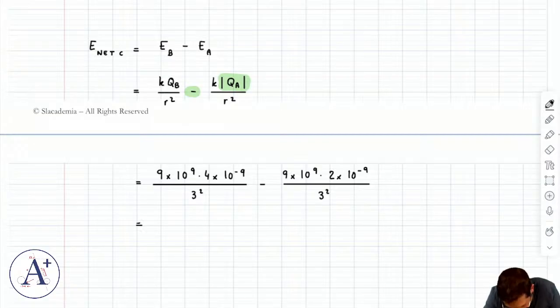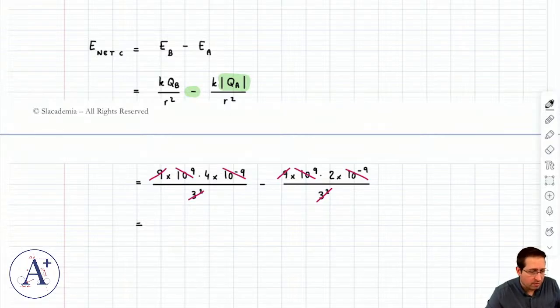Now that's going to be, 3 squared is 9, so that goes away, this goes away. There's going to be 4 minus 2, which is 2 newtons. Somehow that seems strange to me.